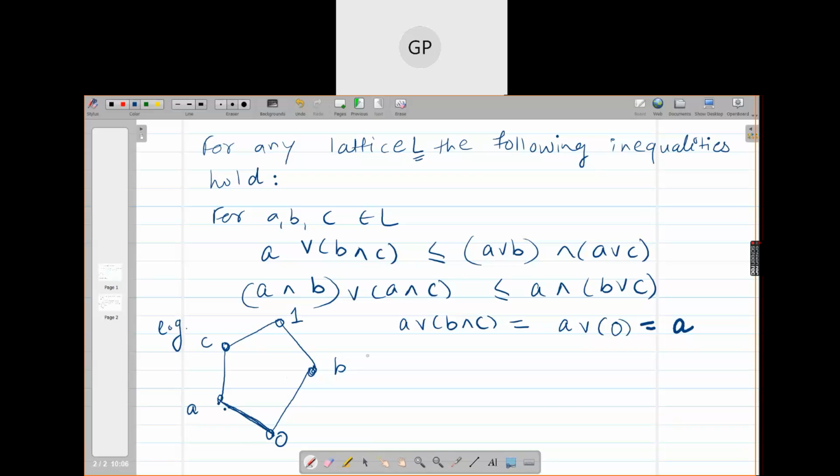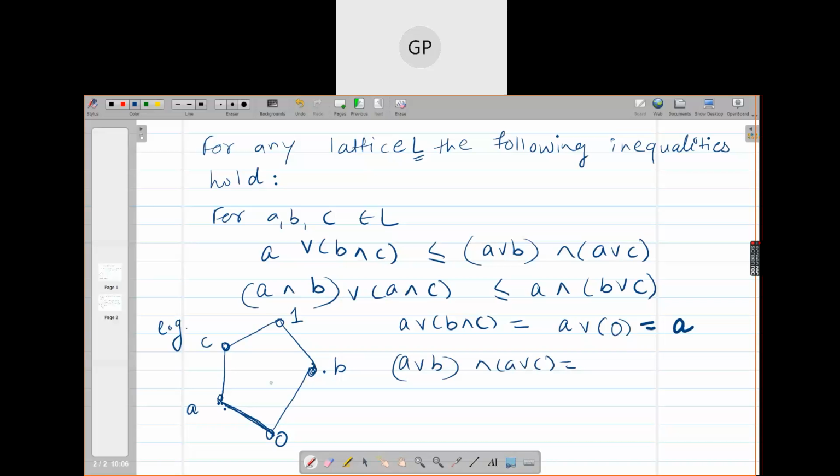Now let us see what is A join B meet A join C. What is the join of A and B? Look above A and B, it is 1 directly, correct.